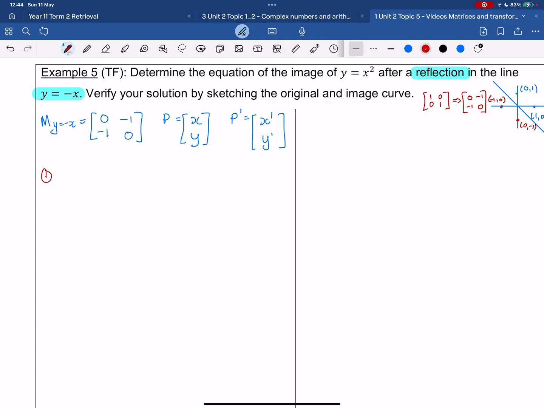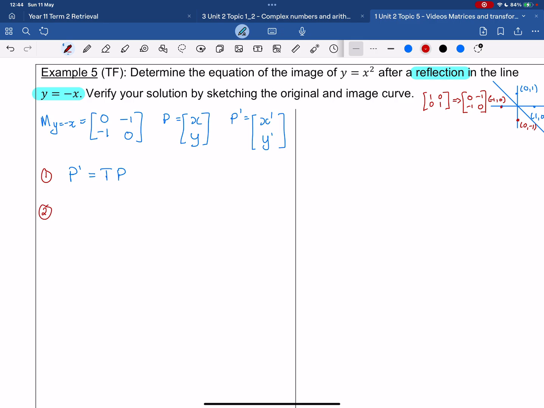So the first thing we're going to say is that our transformation, our P primed, is T times P. Now remember, with our translation, we were using matrix addition, and we rearranged it so that we could get our original points in terms of our translation points, so that we could find our new function and then work with it. We're going to do the same thing with linear transformations. However, we need to use inverse matrices because we have matrix multiplication.